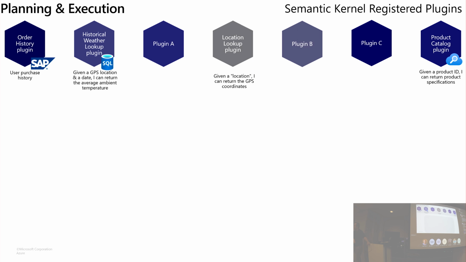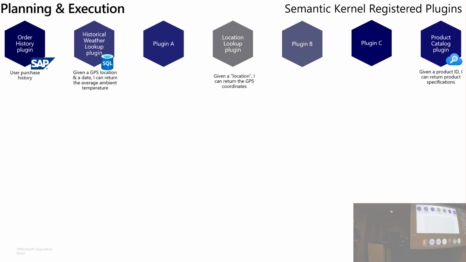Okay? So what are the common data sources that a customer service agent would need access to if you worked for Academy? Well, you would obviously have access to the user's order history, right? Maybe that's in your SAP system, so that if a person calls in and says, hey, what's wrong with the thing I bought, you know what they bought. You would also, since you're selling outdoor sports equipment, maybe you have access to the weather system so that if somebody calls in and says, hey, what should I buy?